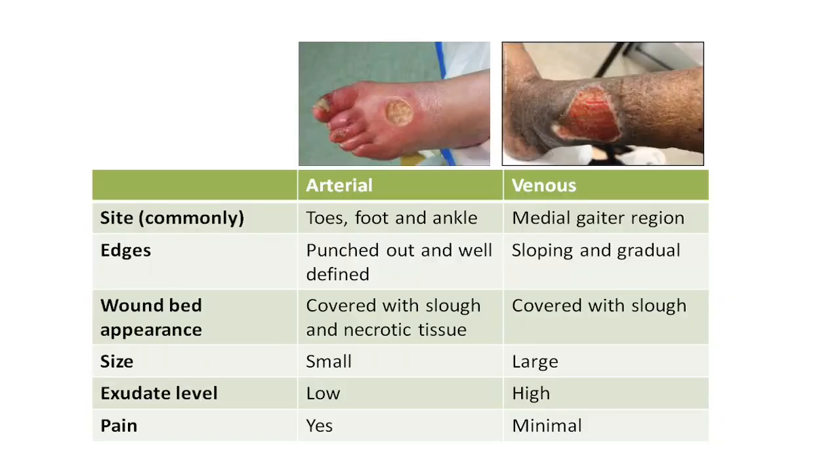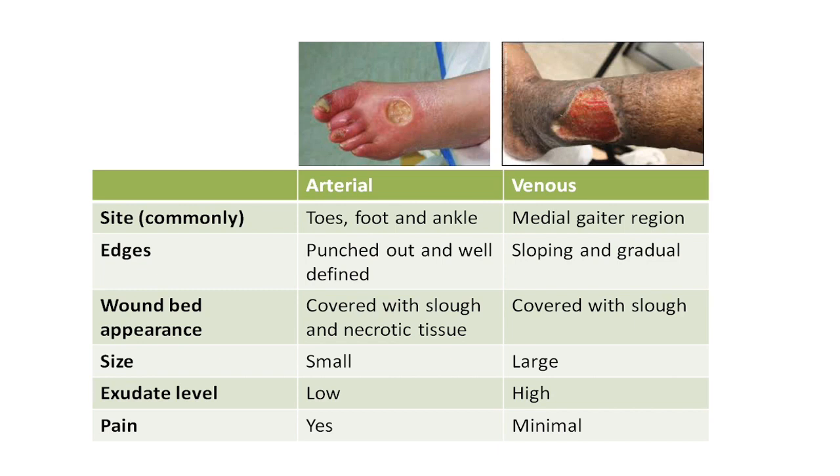Now, regarding the site, arterial ulcers usually occur in the toes, foot, or ankle, while venous ulcers occur in the gaiter area.